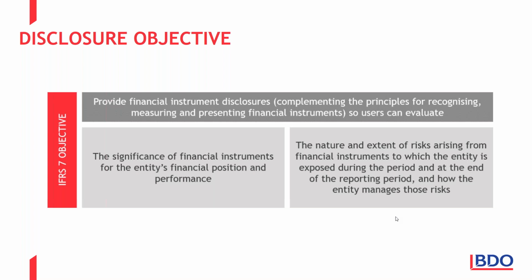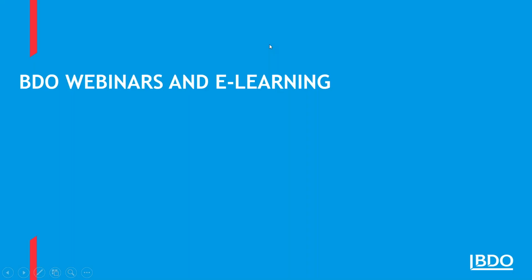So if an entity has financial instruments, they bring risk, often significant risks, during the period and at the end of the year. And there's an overall objective, an overall principle, one could say, in IFRS 7, that an entity should disclose not only what those risks are, but how the entity manages those risks on an ongoing basis. So I think it's important to get that overall perspective before we look at it a bit more closely.